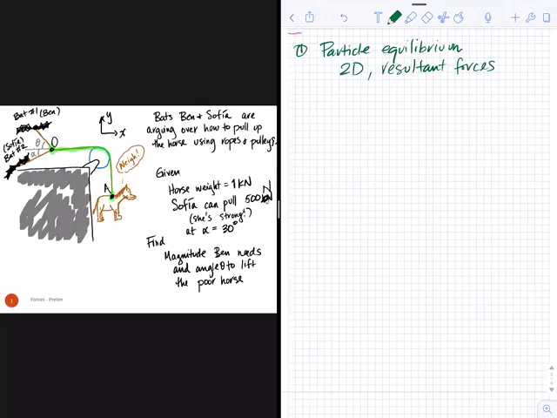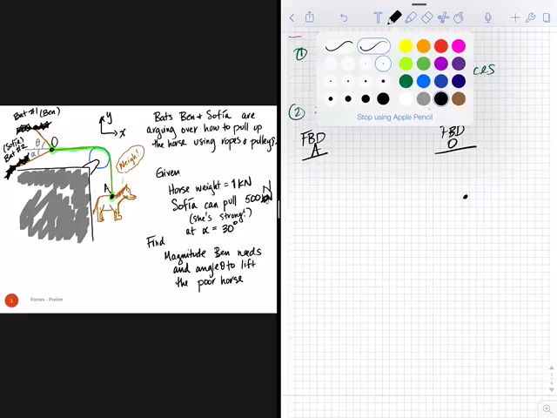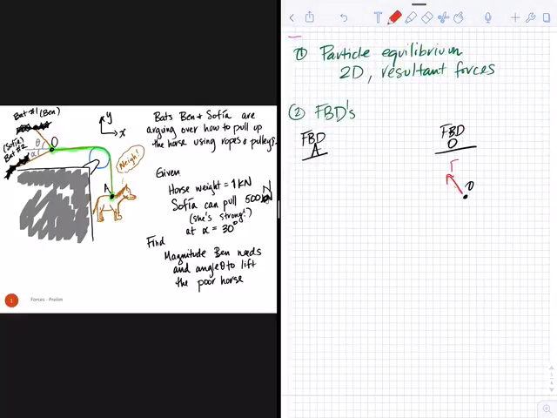So the first thing we should do is draw free body diagrams. There are actually 2 free body diagrams that you need to draw. I want to start with the free body diagram of O. So this is point O, and it has forces FB, FS, and let's call this a force in our rope FR.